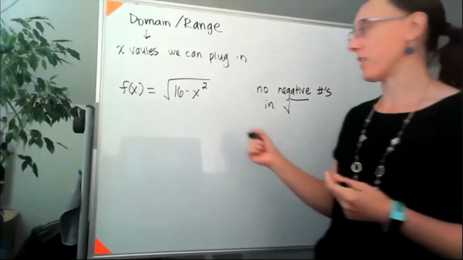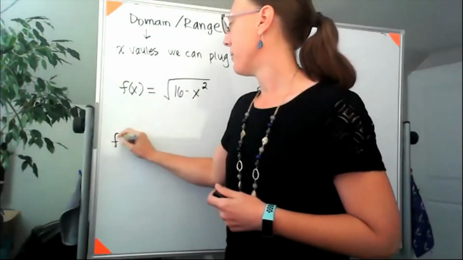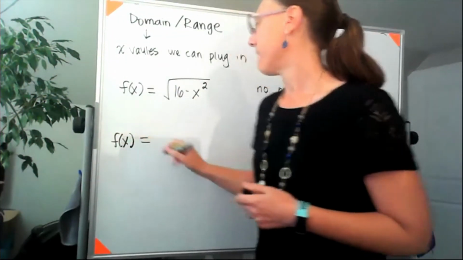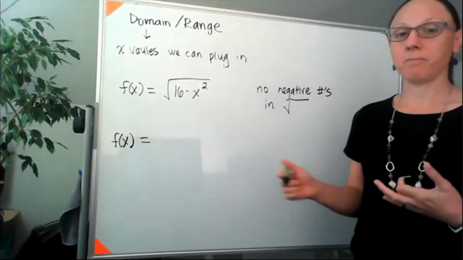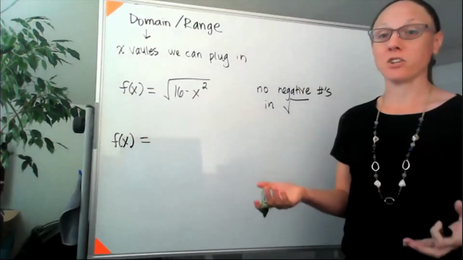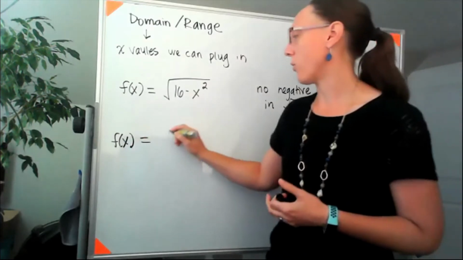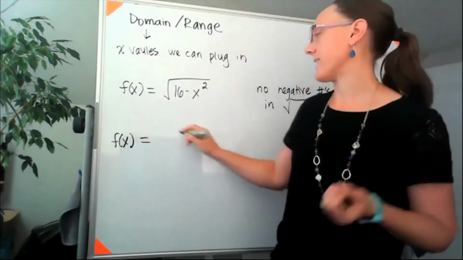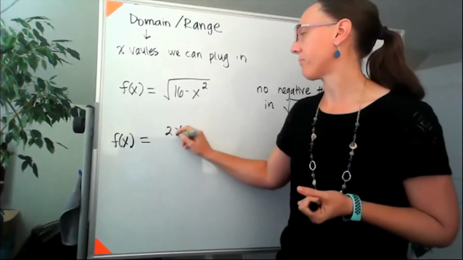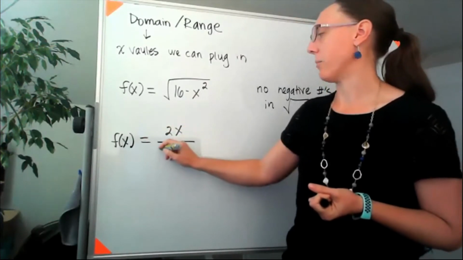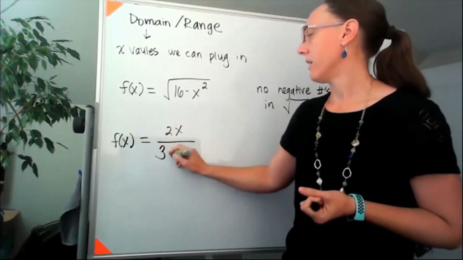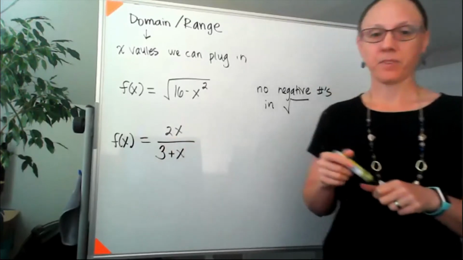The two other things that can go wrong with domain, these are going to be the most common two that we're going to address in 16a. The other thing that can go wrong with domain is, let's say that I had something like 2x divided by 3 plus x.